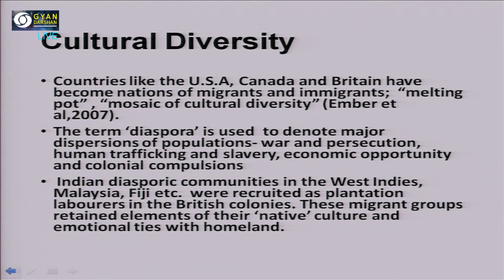So, for instance, Bhojpuri, the local language used by these migrants, is still considered extremely precious, worth preserving by migrant communities in the West Indies. And various genres of music, of poetry, etc., have evolved to keep their local languages and their connections with the homeland alive. So this is a very interesting area for research for those who are interested in folklore and culture.